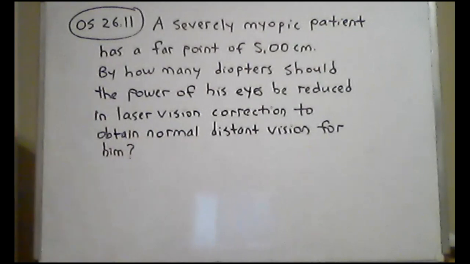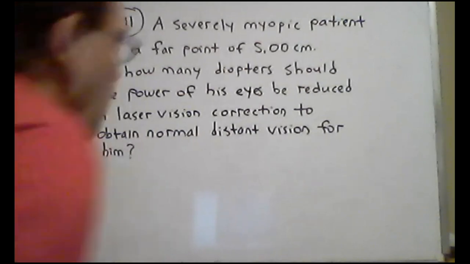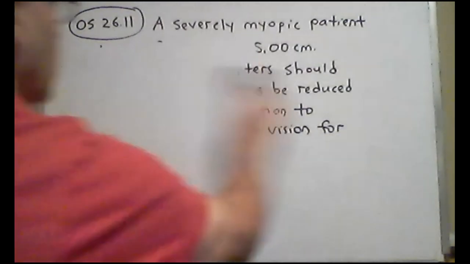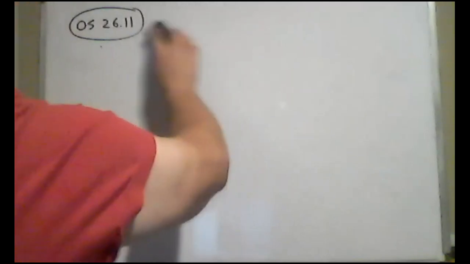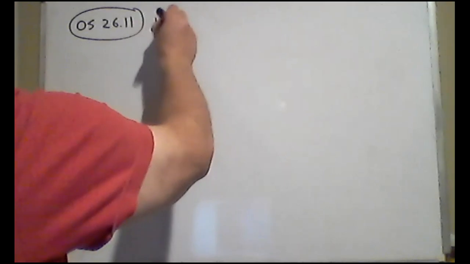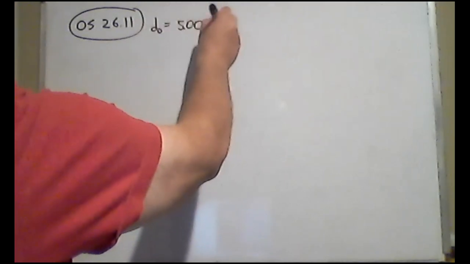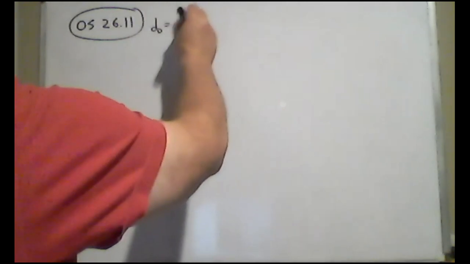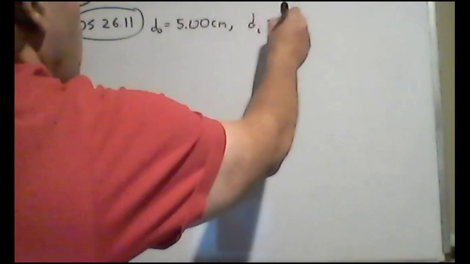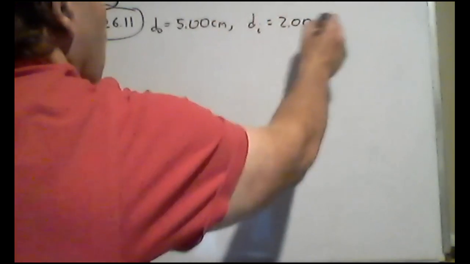Well, that means the far point would give you a D sub O of 5.00 centimeters. All right, so put some numbers in here. How bad are his eyes? So D sub O right now is 5.00 centimeters. Okay, and of course, D sub I is always a constant of the human eye. D sub I is 2.00 centimeters.